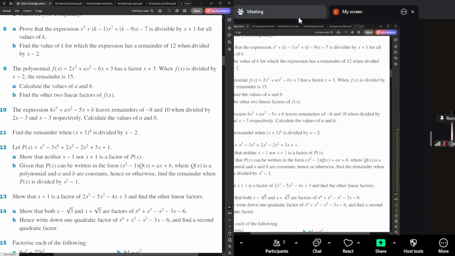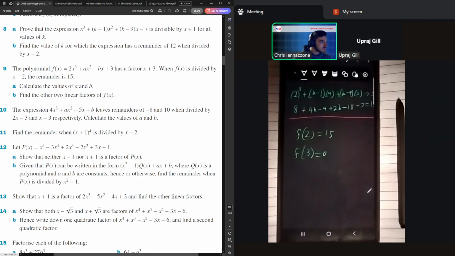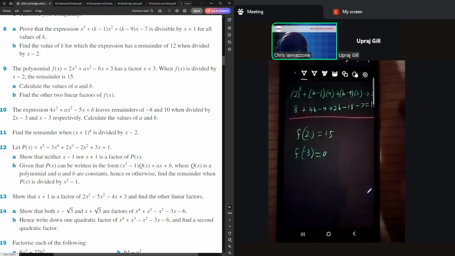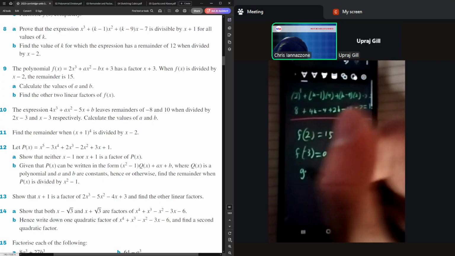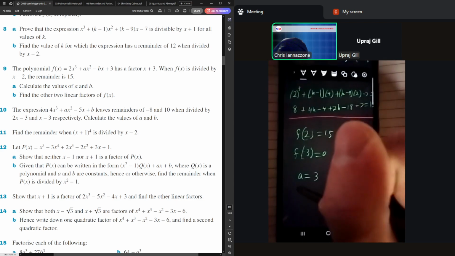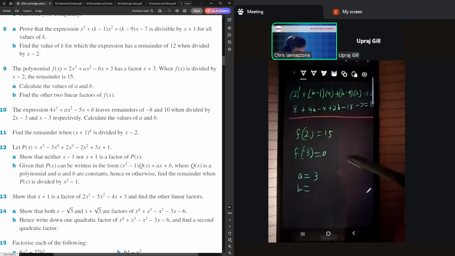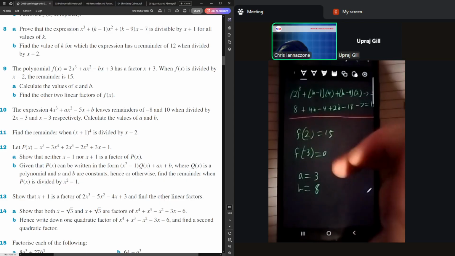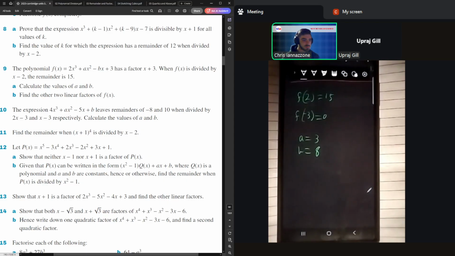In fact, is that going to block everything? It did not. Nice. All right, so we had a equals 3 and b equals 8 for that.